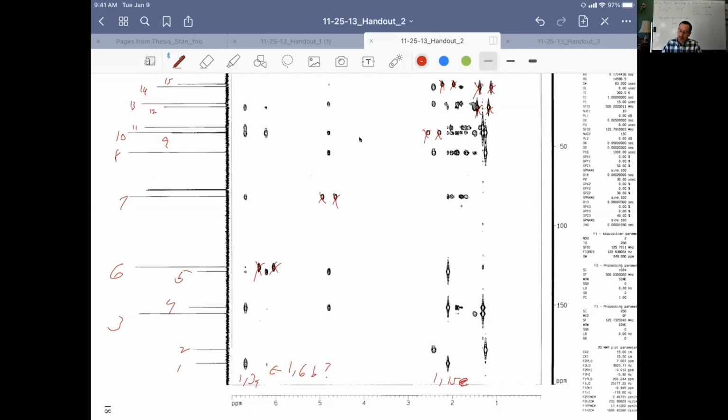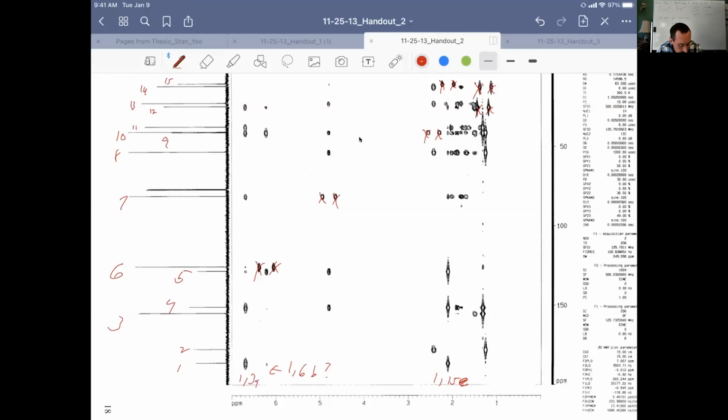Now that's interesting. That's really, really telling at this point, because we know that we can't have that methyl group directly on the carbonyl, right? It wouldn't have any coupling if it were directly on the carbonyl. So that methyl group has to be on an alkene that's attached to the carbonyl.